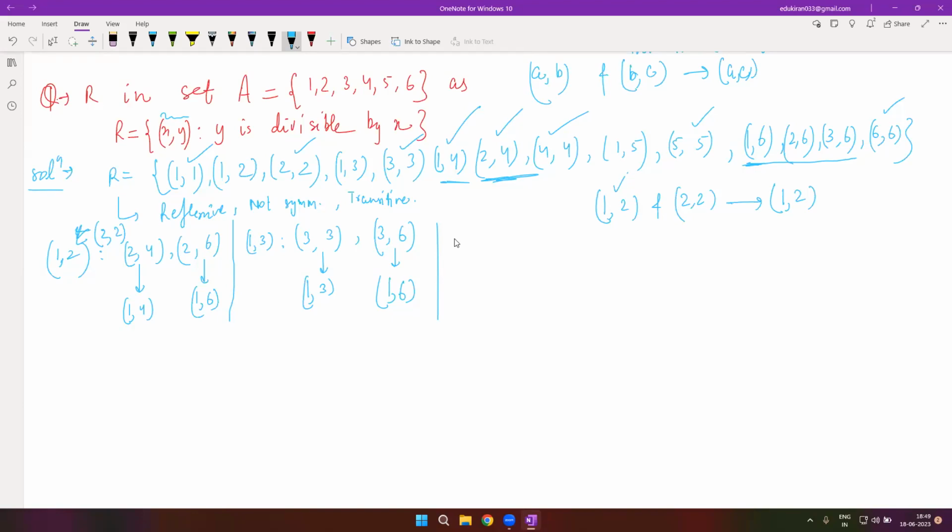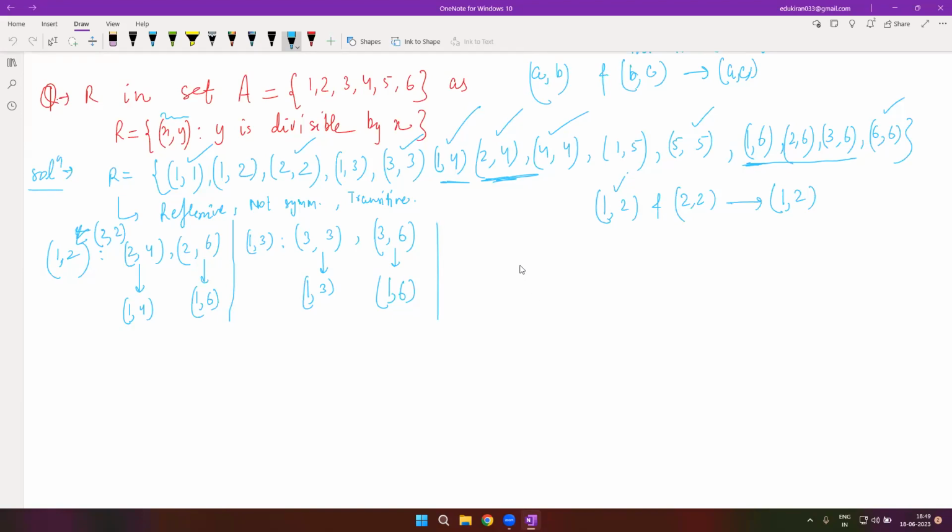Now, why is it not symmetric? Understand it. For symmetric, we take x,y first. If x,y is there, then y,x has to be there. That was the rule. So here, if y is divisible by x, is it certain that x must be divisible by y?